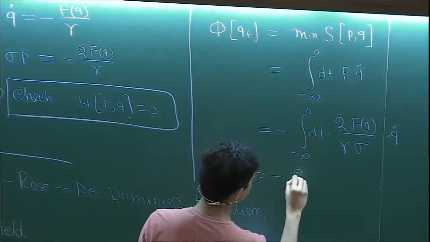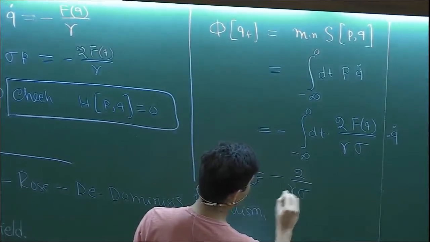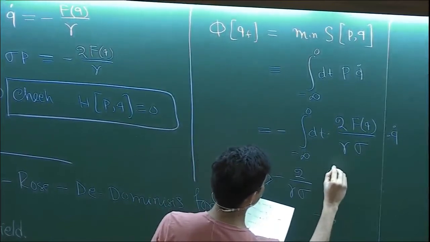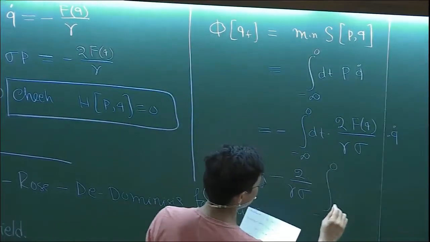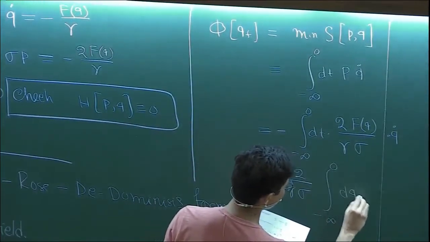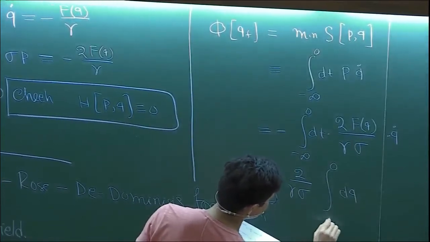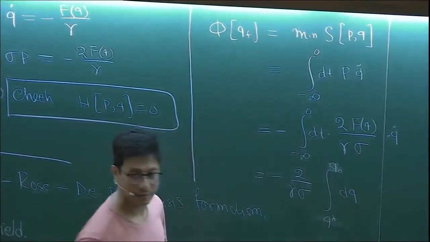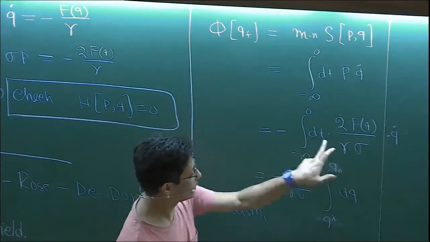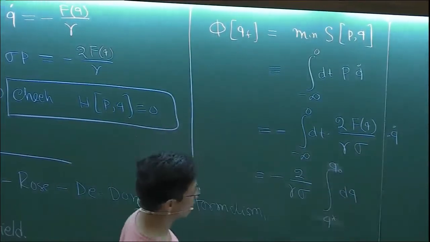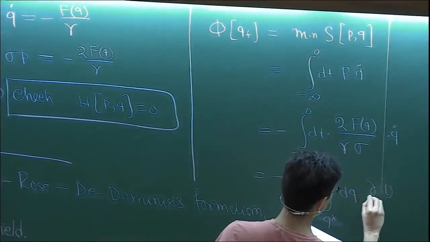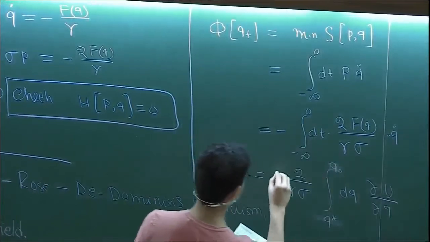So now I'm just going to take twice by gamma sigma out. Now I have Q dot dt, I'll simply write as dq. So that means at minus infinity it was at Q star, it is now at Q0. So Q dot dt I wrote as dq. F is nothing but minus of del u, del q, and so this becomes plus.